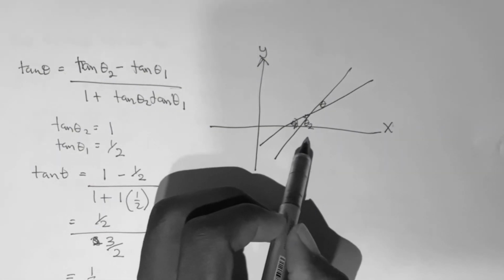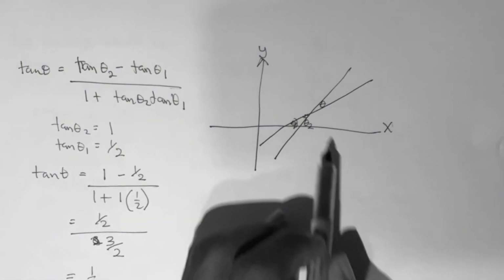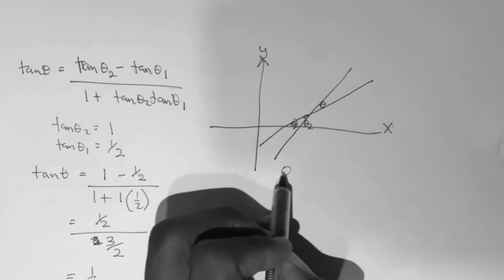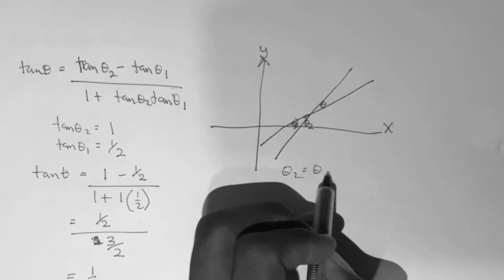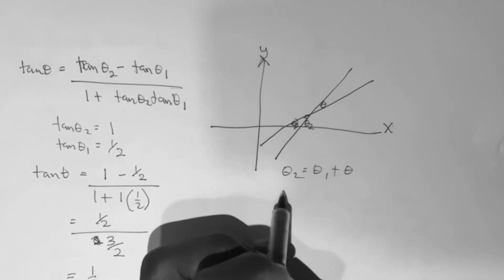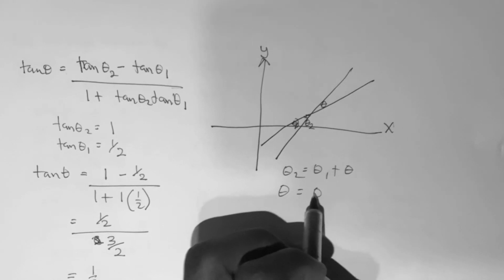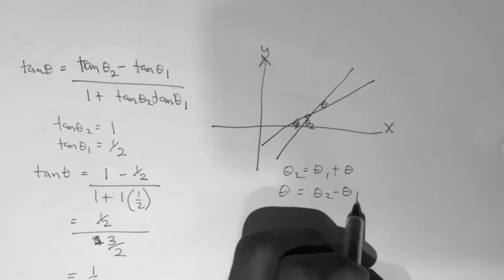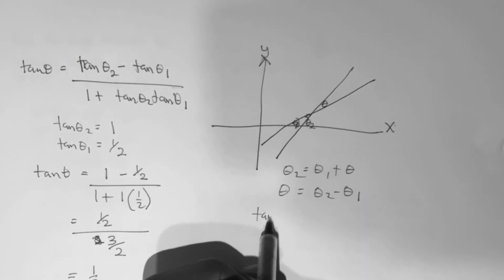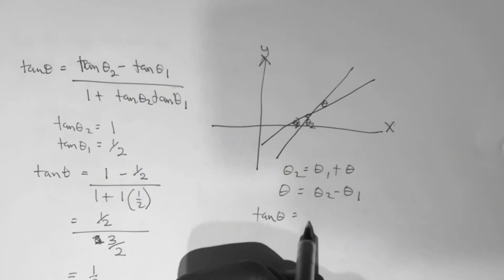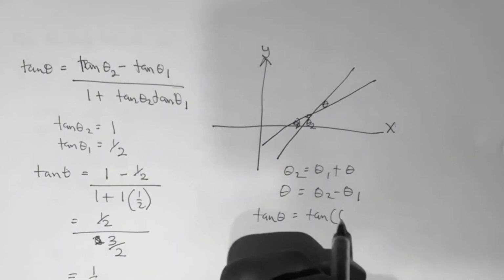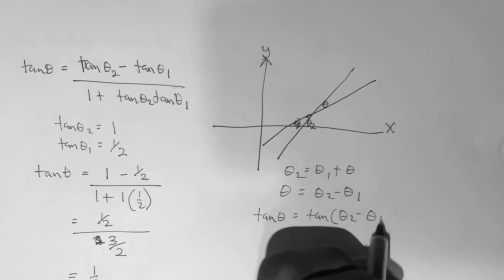So therefore, from the rules of trigonometry, we see that theta 2 is equal to theta 1 plus theta. And if you make theta the subject, you see that theta is equal to theta 2 minus theta 1. So therefore, tan theta is equal to tan of (theta 2 minus theta 1).